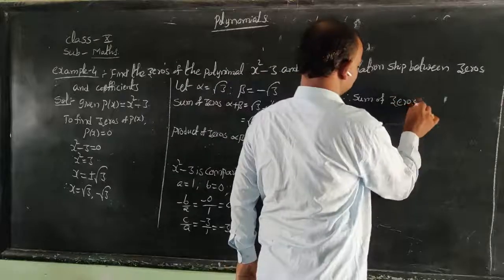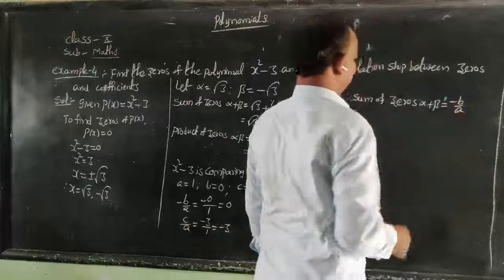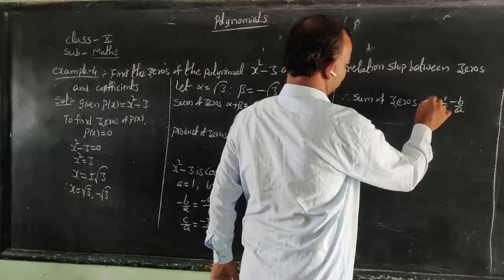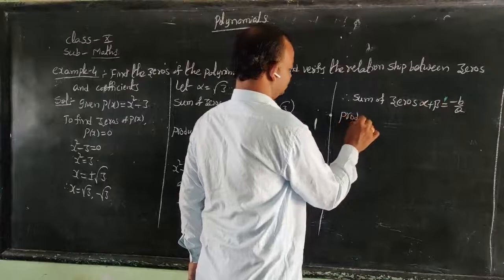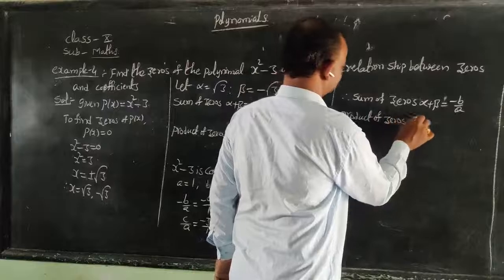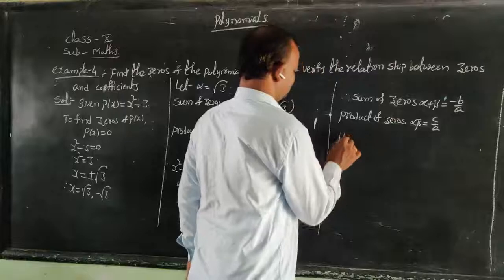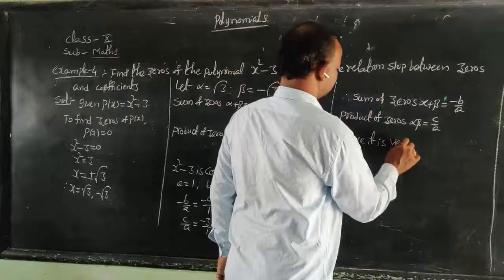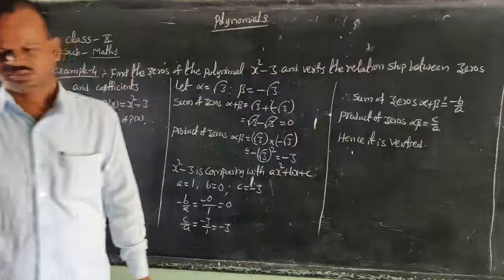Sum of zeros, alpha plus beta, is equal to minus b by a. And the product of zeros, alpha into beta, is equal to c by a. Hence it is verified.